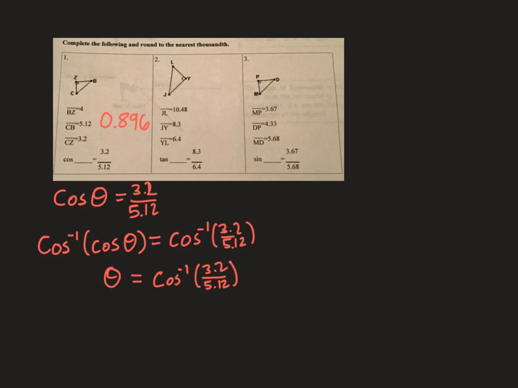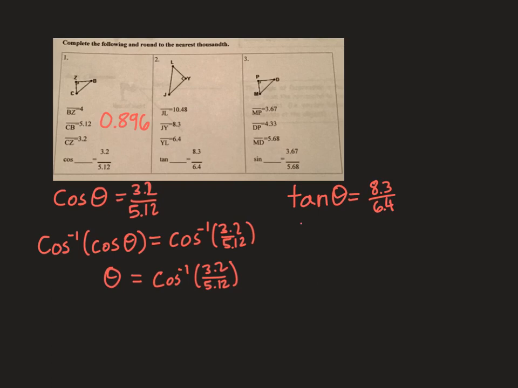Now we're going to do the same thing for our next one. It's asking us for the tangent of theta of 8.3 divided by 6.4. Once again, we're going to take the arc cosine, or not arc cosine, the arc tangent in this case.